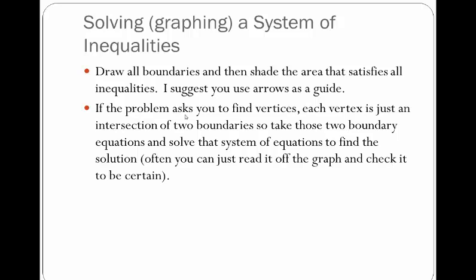If a problem asks you to find vertices, each vertex is just an intersection of two boundaries, so you take those two inequalities and solve that system of associated equations, because a common point would be where they're equal.